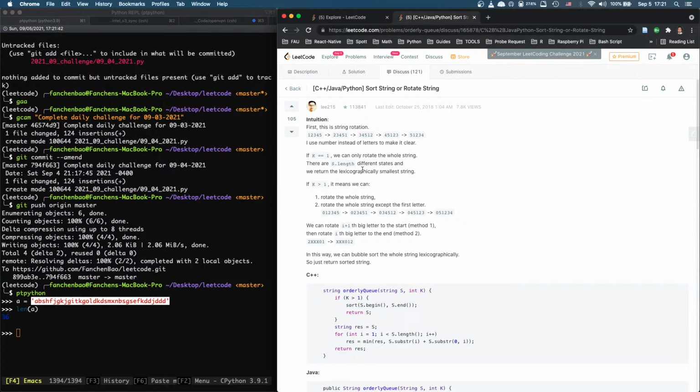Rotate the whole string except the first letter, right?